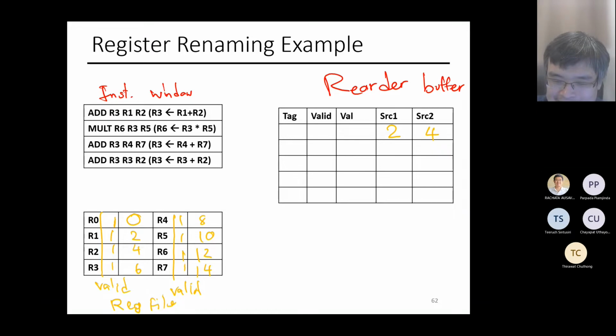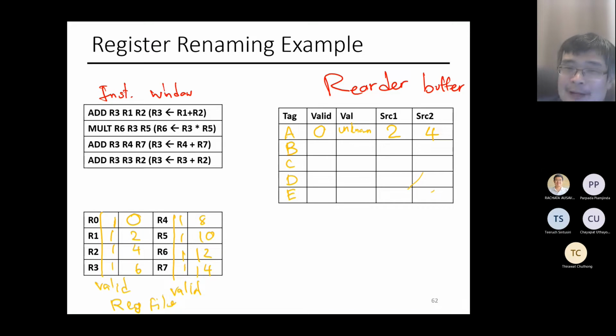The tags, let's just say, are A, B, C, D, and E. The tag is assigned when you allocate that row. Then it's not valid yet; the result you're computing right now is unknown. You're adding right now.